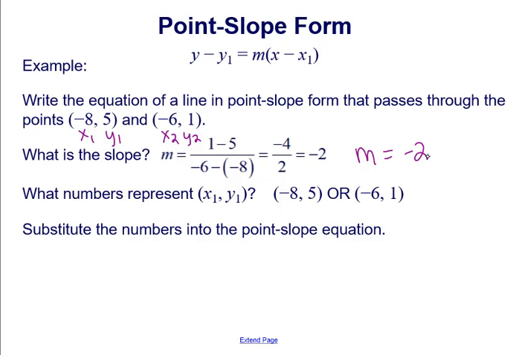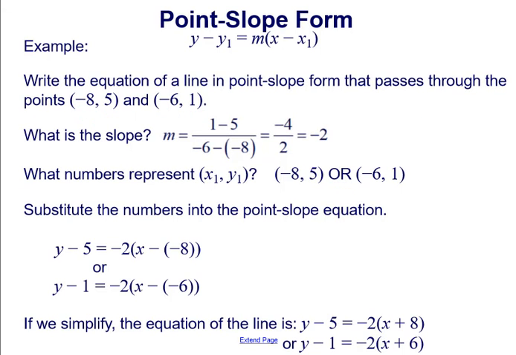So what numbers represent x1 and y1? You have two choices. It could be negative 8, 5 or negative 6, 1. When we substitute the numbers into the point-slope equation, we're going to have two options. We could have y minus 5 equals negative 2 times x minus negative 8, from using negative 8, 5 as x1, y1.